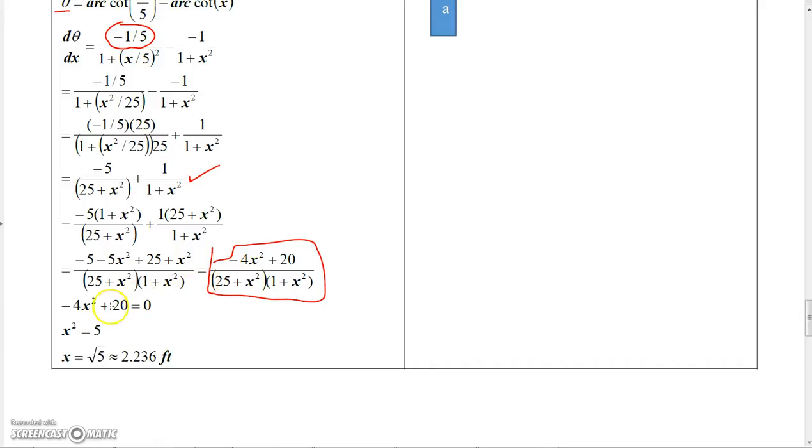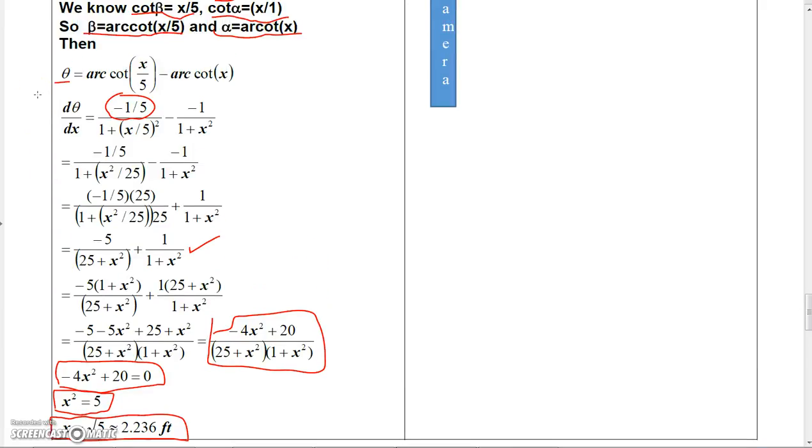Now we can just set the derivative equal to 0 and solve it. If you solve this equation, you get x squared equals 5. So x must equal the positive square root of 5, because it can't be the negative square root. So x should be about 2.236 feet, or about 2.24 feet.